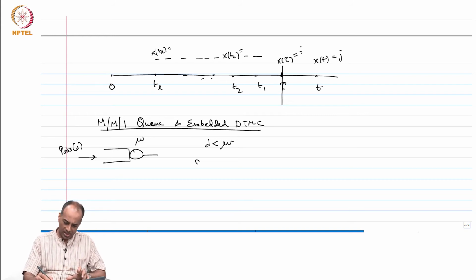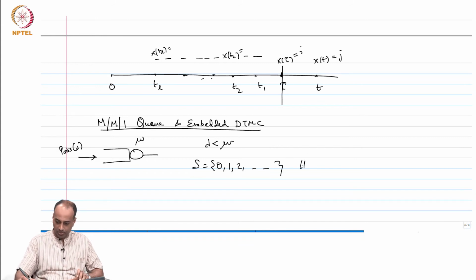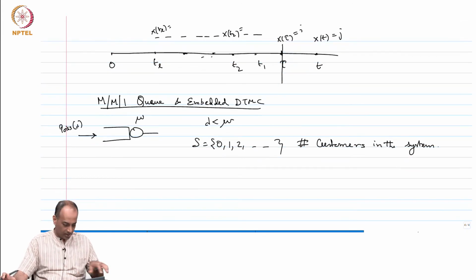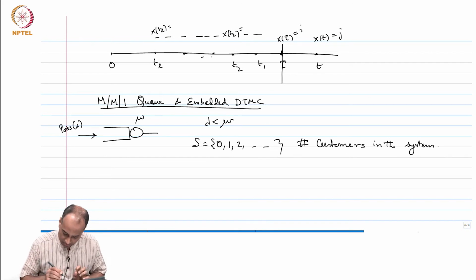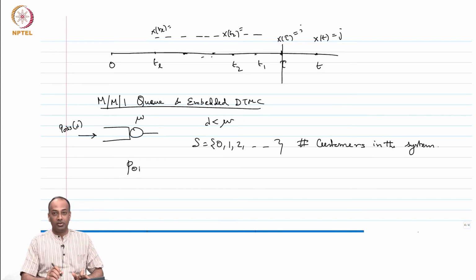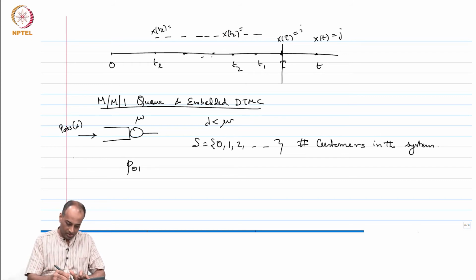Here the state space is again 0, 1, 2 etc., which is the number of customers in the system, and let us look at what kind of transitions are possible, right. Let us look at P01. This is for the embedded DTMC.